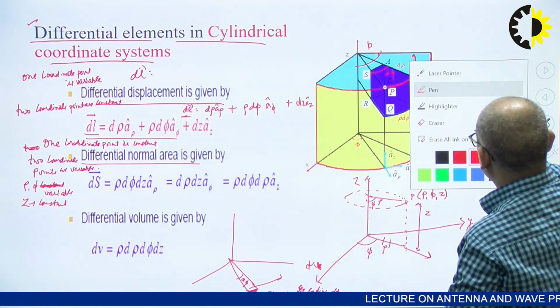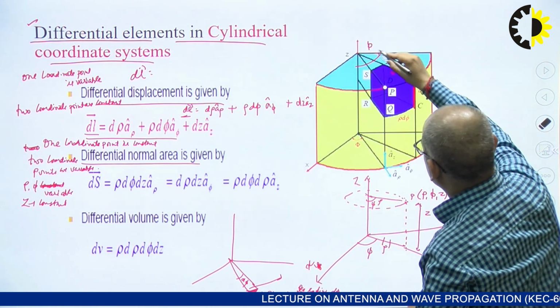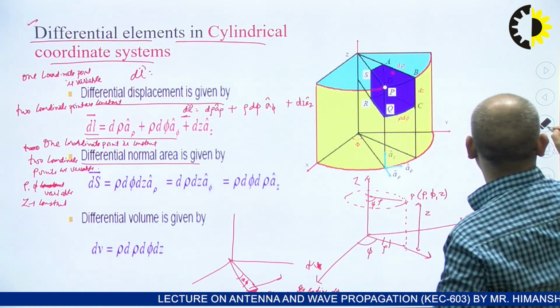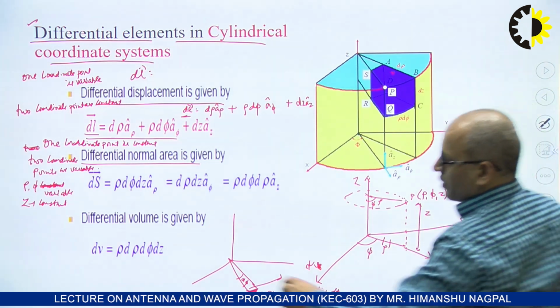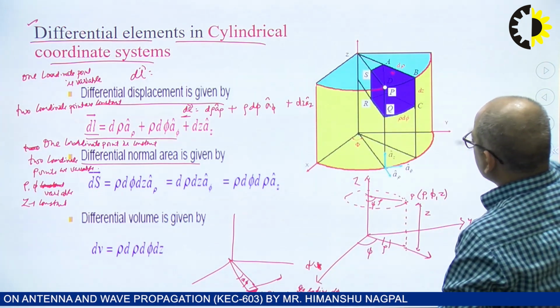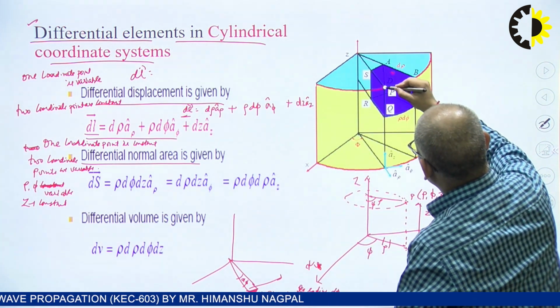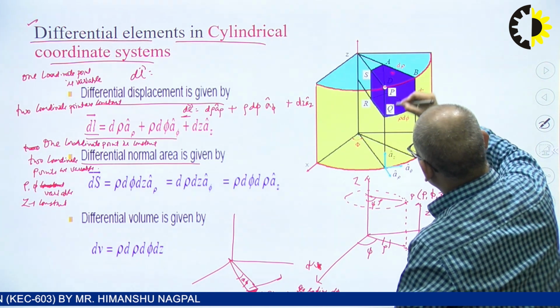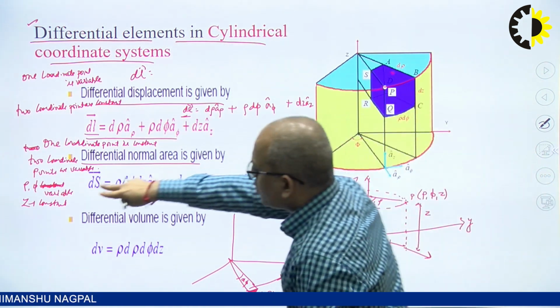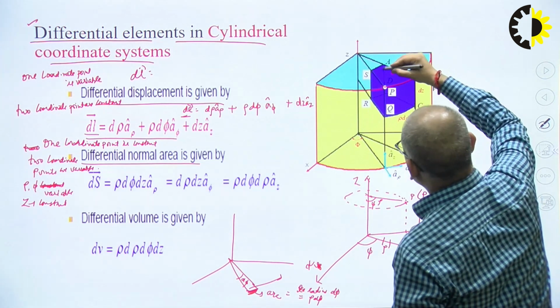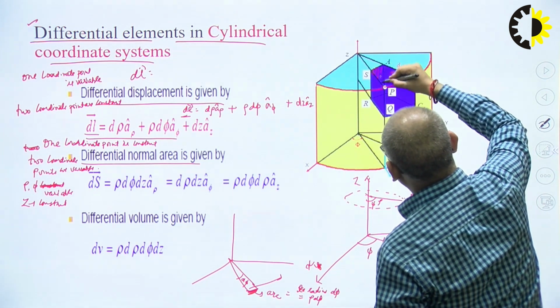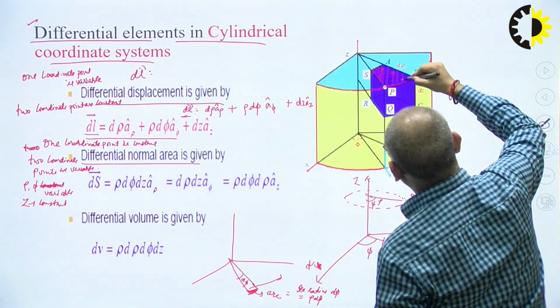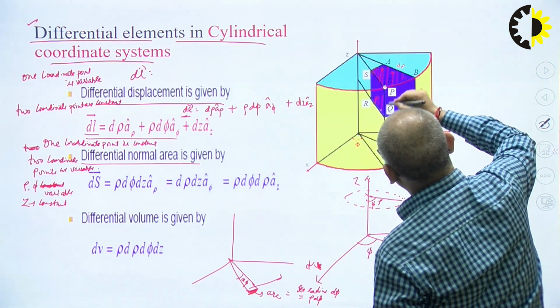Now see, when z is constant and rho and phi are the variables, this type of figure will be formed, this bottom surface area.